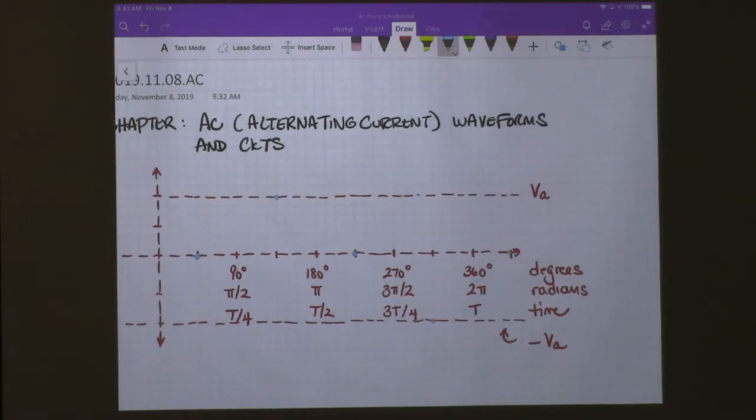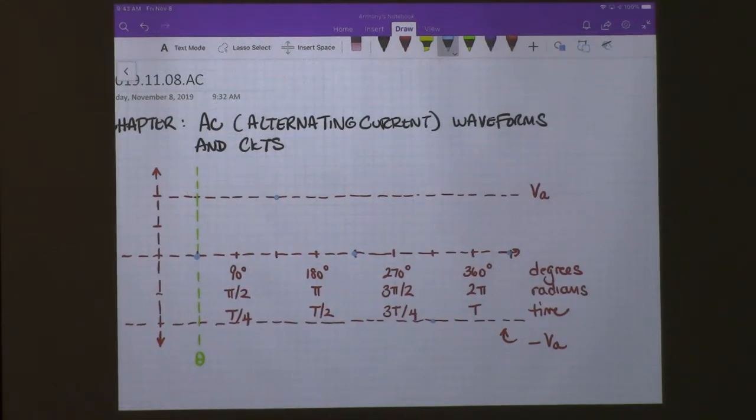And so this is going to be our phase shift. I'll use theta. And so phase shift refers to shifting the waveform right or left on the x-axis.